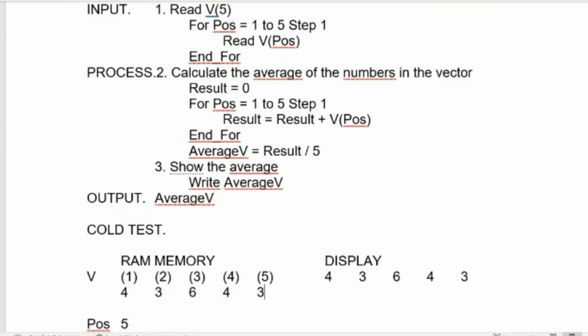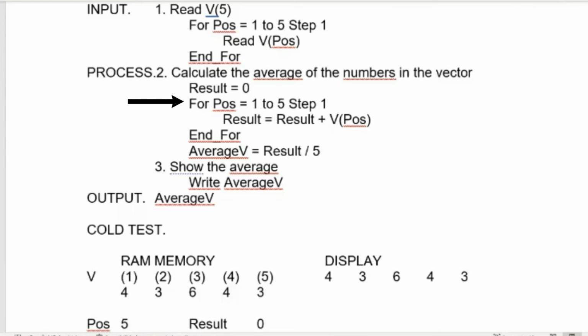Now, let's see the step number 2. Calculate the average of the numbers in the vector. Result. Result is another variable. Result is equal to 0. Right? Then, for.